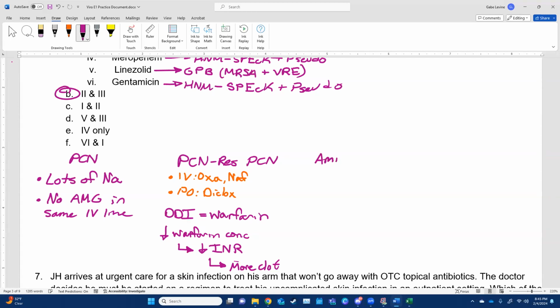Aminopenicillins. Two really, really big drugs here: ampicillin and amoxicillin. Which ones are which? IV and PO.